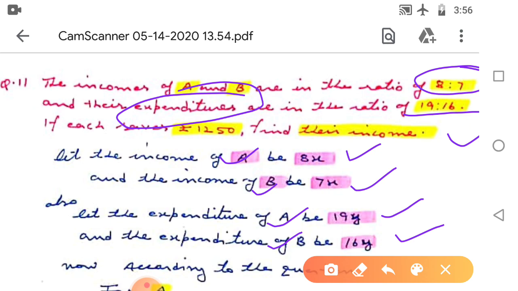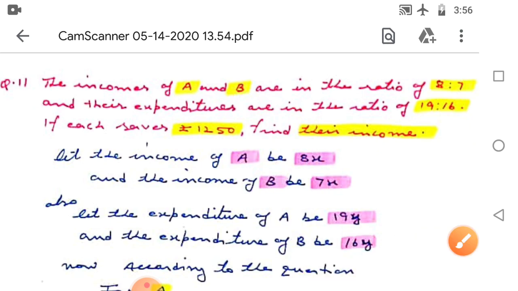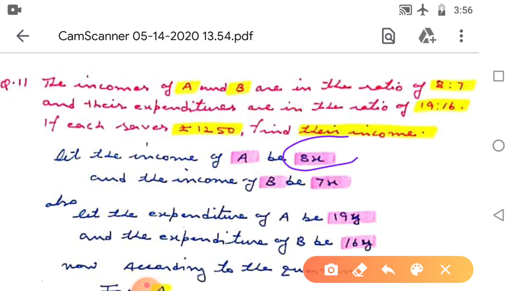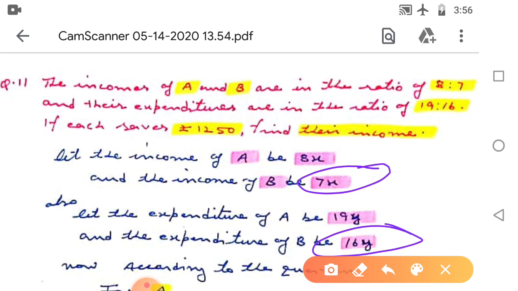Clear? So income of A is 8x, expenditure of A is 19y. Income of B is 7x and expenditure of B is 16y.